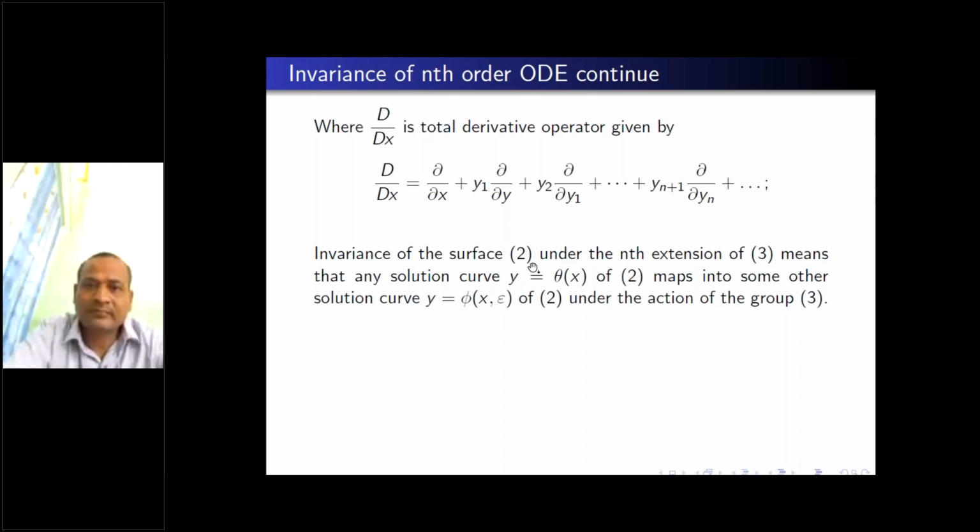Invariance of surface (2) under the nth extension of (3) means that any solution curve y equal to theta(x) of (2) maps into some other solution curve y equal to phi(x, epsilon) of (2) under the action of the group (3).